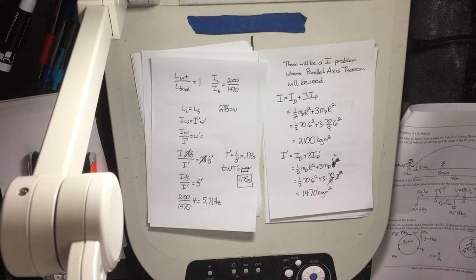Why'd you multiply by 10 though? Because I wanted to know how long it would take to rotate 10 times. Because I knew that it would take 0.175 seconds to rotate once, multiply by 10 to get the amount of time for 10 rotations. Say again?